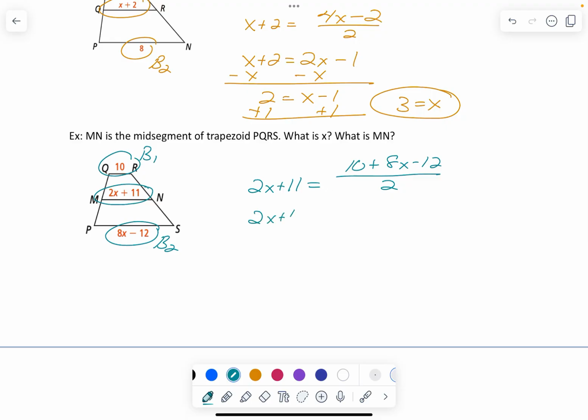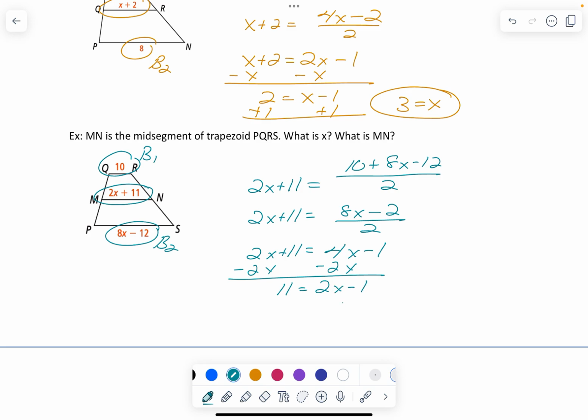So 2x plus 11 is equal to 8x minus 2 divided by 2, or 2x plus 11 is equal to 4x minus 1. I'm going to move this over here. 11 equals 2x minus 1 plus 1 plus 1. 12 equals 2x. x equals 6. And there we go.